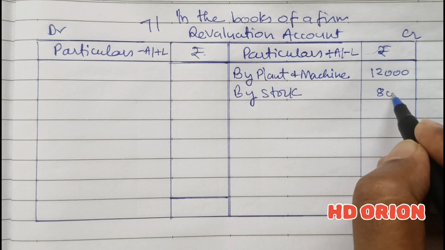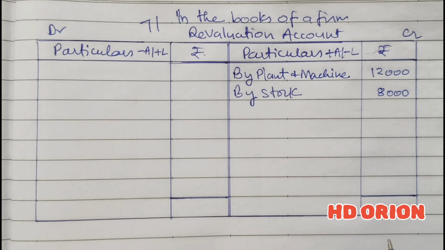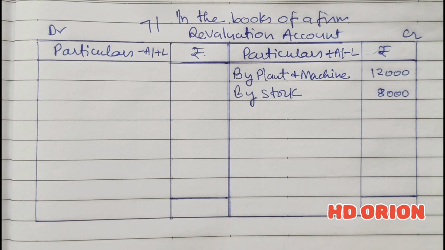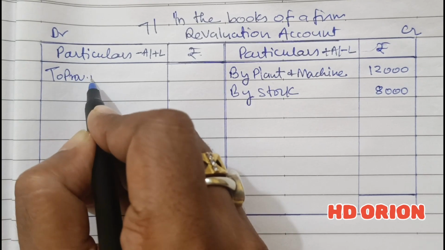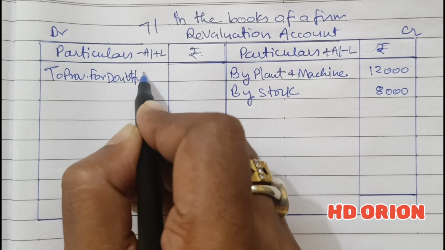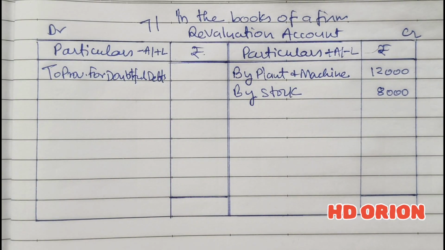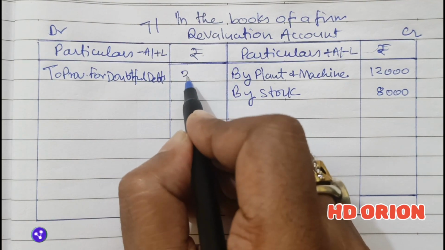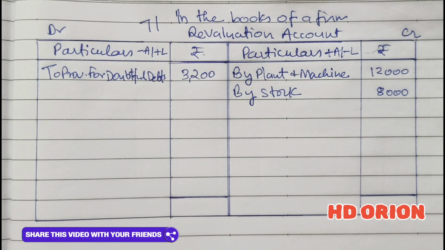So the difference with which the stock has increased is rupees 8,000. Then a provision for doubtful debts is to be created. So it is a liability. Provision for doubtful debts 4,000 rupees, but 800 rupees is already there in the balance sheet. So 4,000 minus 800 is 3,200. So the loss of 3,200 will come here.